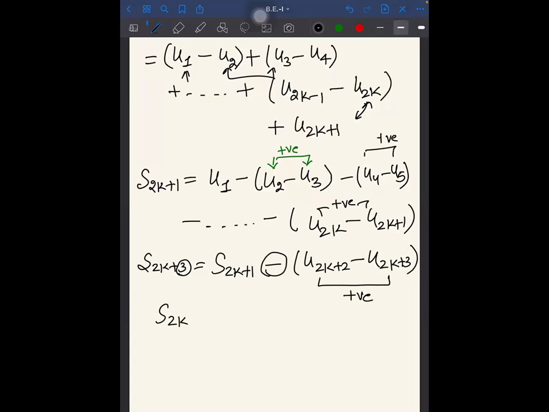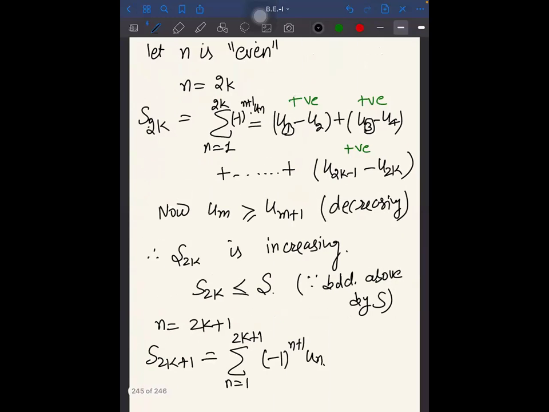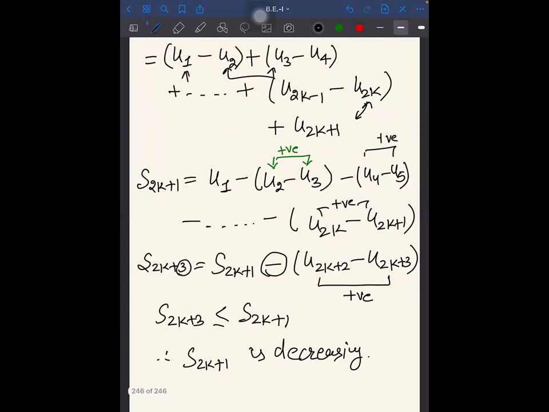So your S2k plus 3 is less than or equal to your S2k plus 1. Then I say that your S2k plus 1 is decreasing. Earlier it used to be increasing, now it is decreasing.